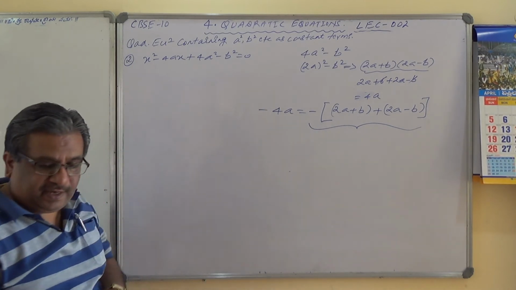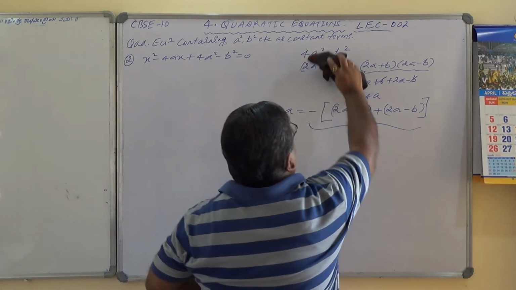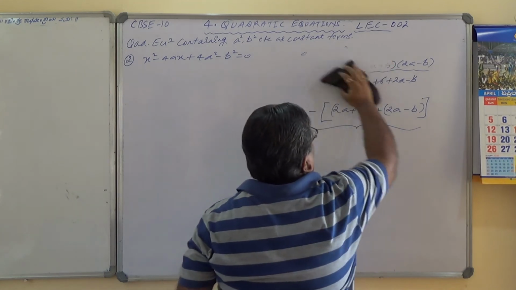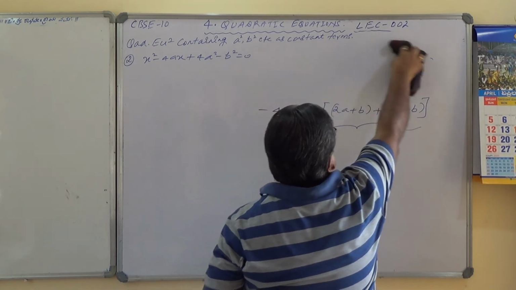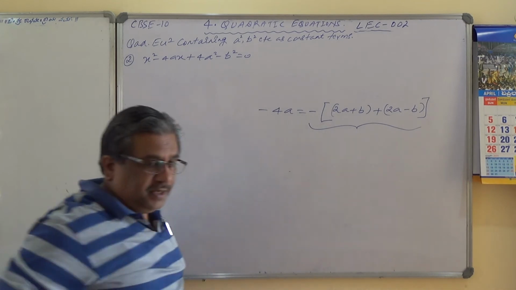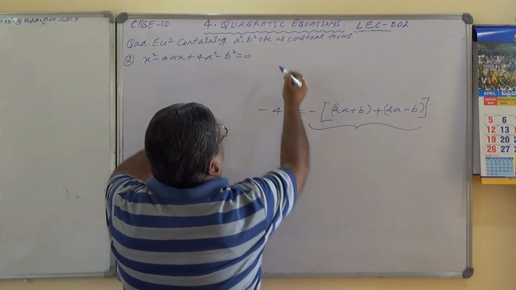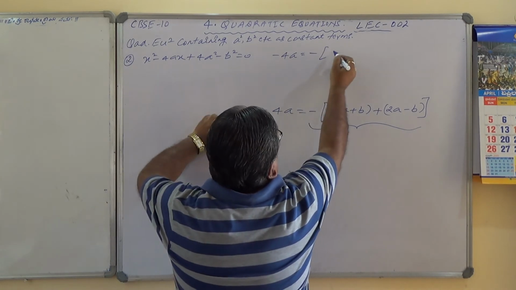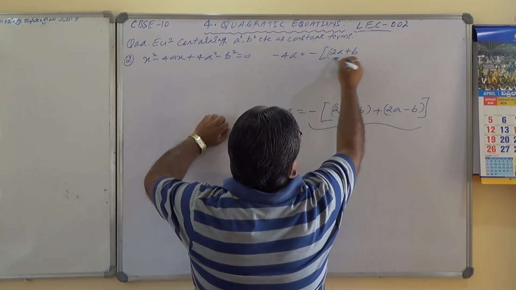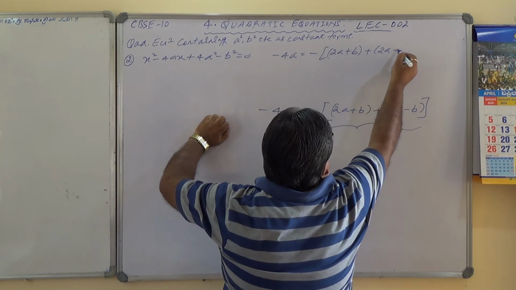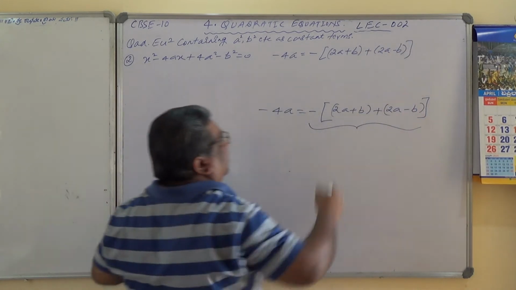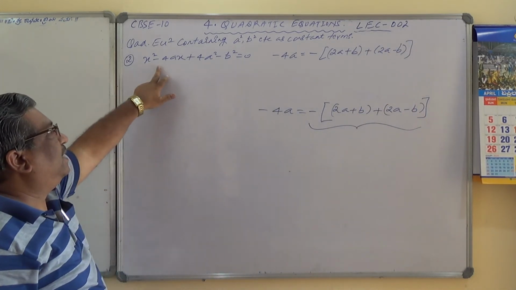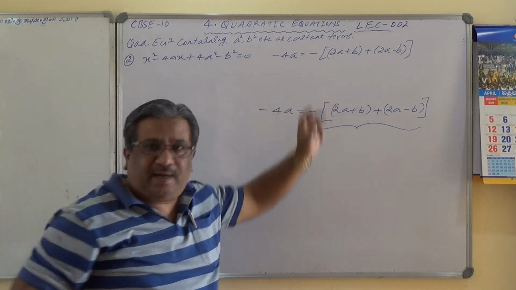So finally what you can do in exams also is, you can work out all this rough and mention this part in the answer script. That is, middle term: here minus 4a equals minus into bracket 2a plus b plus 2a minus b. This can be mentioned in the exam, so that you are changing the middle term minus 4a by this entire term over here.